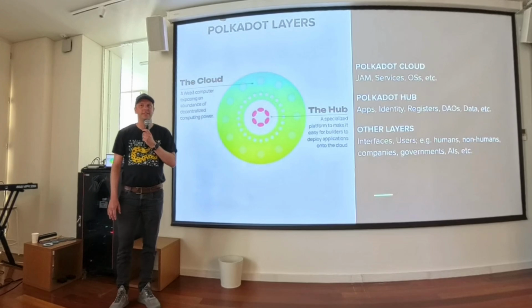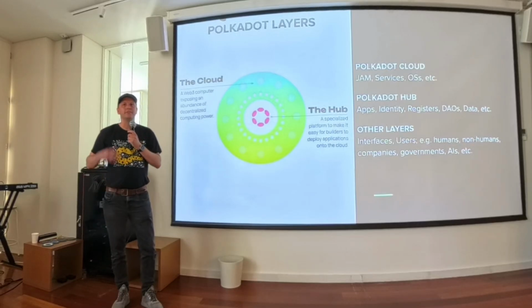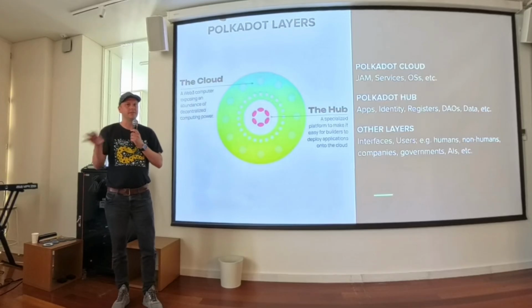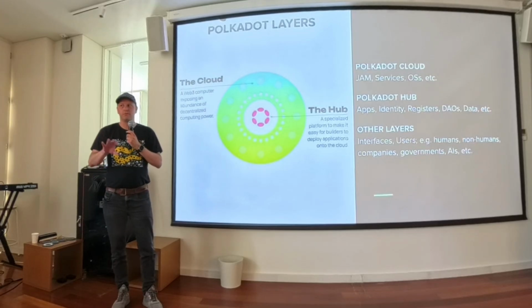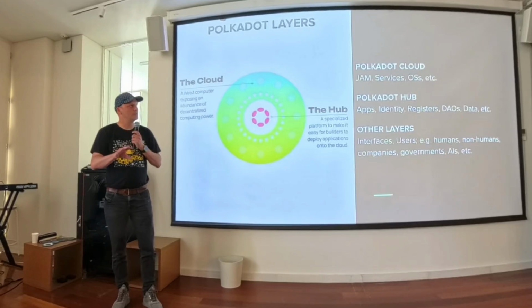Sean Tabrizi introduced in Bangkok in 2024 a nice new way to think about Polkadot by making a distinction between the Polkadot cloud and the Polkadot hub. It's a matter of definition. It's not written in stone what Polkadot cloud and what Polkadot hub is.